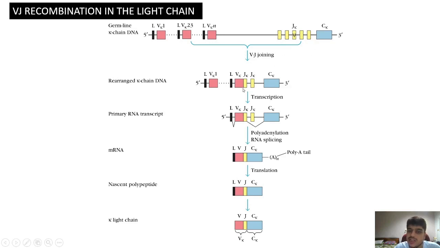Next step, VJ combines with C, and finally you get the variable kappa region and the constant kappa region.